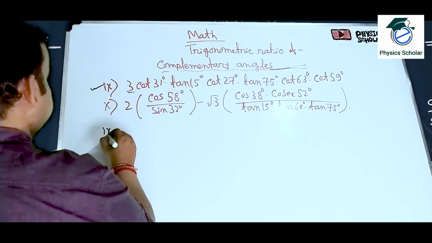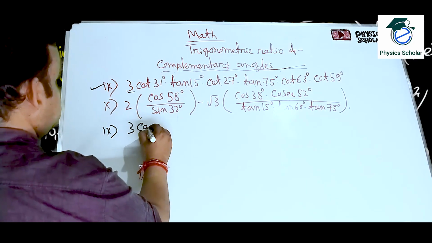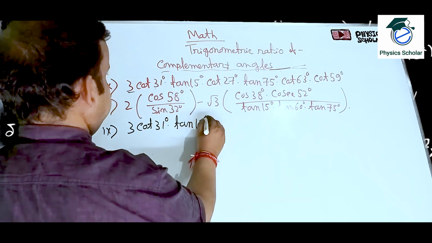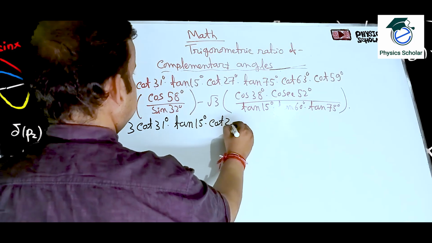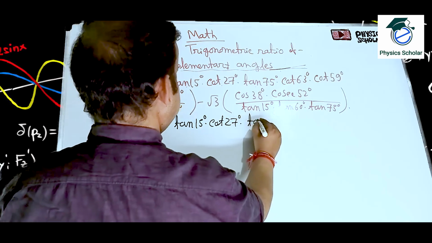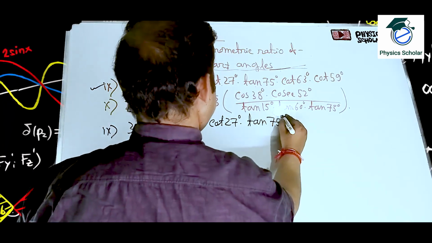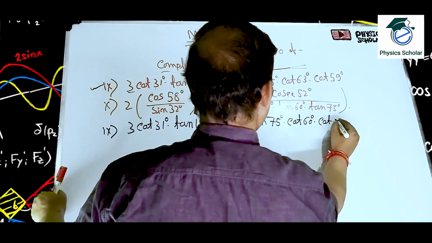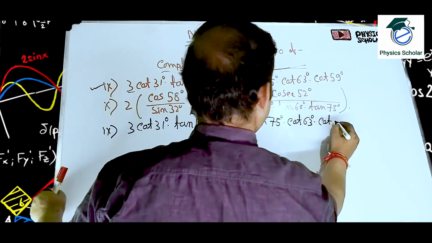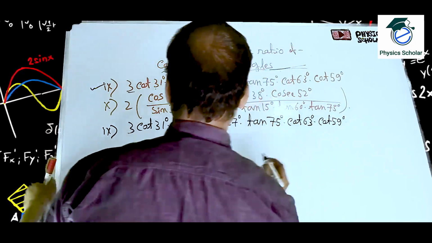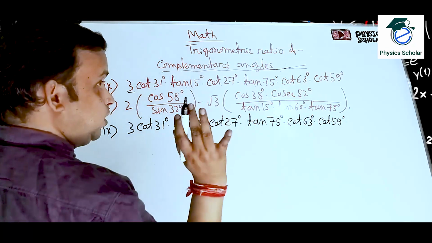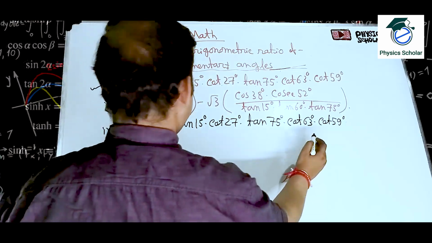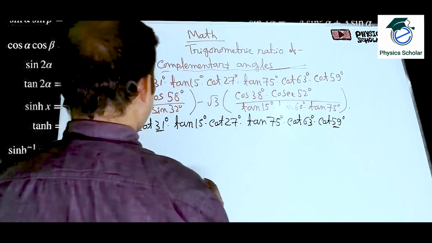Now, I am just copying: into tan 15 degree into cot 27 degree into tan 75 degree into cot 63 degree into cot 59 degree. Clear? Now, see which are the complementary, that we have to write together. 31 and 59, these two are complementary.